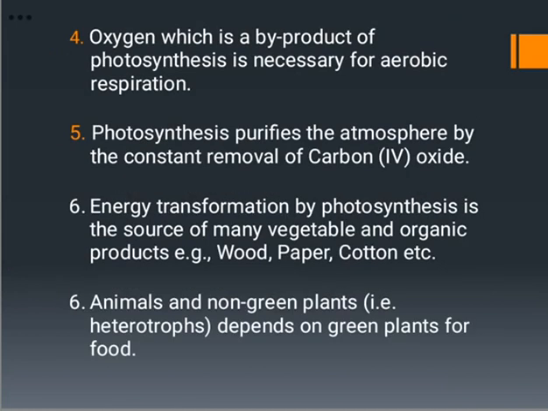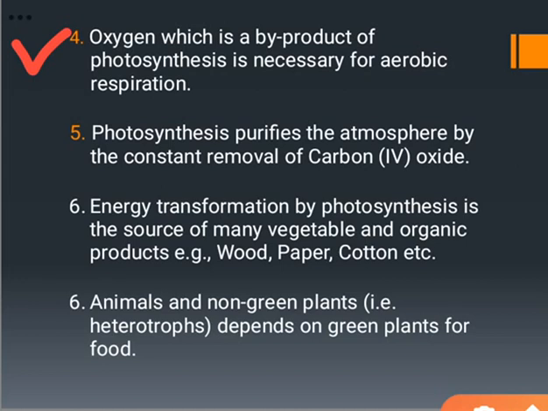Now let's look at more importance. Number 4. Oxygen, which is a byproduct of photosynthesis, is necessary for aerobic respiration. You know that in the light reaction, when water is split, oxygen is given off, or we say it is liberated.